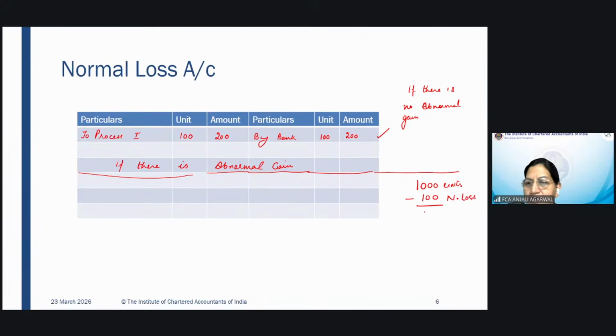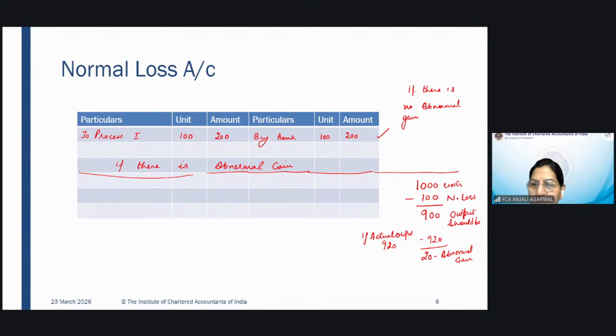So the output should be 900. But if actual output is 920, there is a difference of 20, which will be treated as abnormal gain.